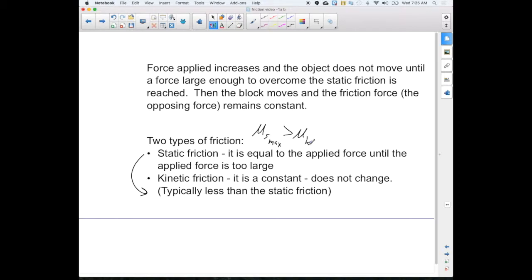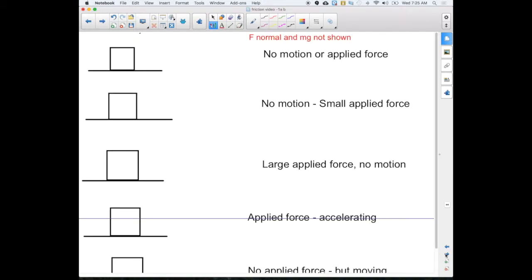The one last thing I want to look at is some free body diagrams. And so in these free body diagrams, I'm not showing the normal force and the gravitational force. I'm only looking at forces in the x direction. So imagine I've got no motion and no applied force. Then in reality, there are no forces. F net equals 0, and nothing's going on.